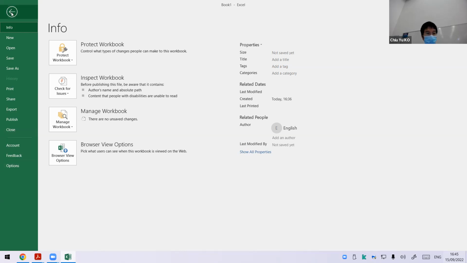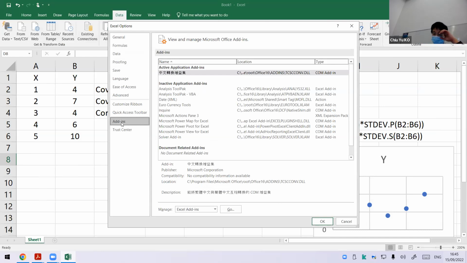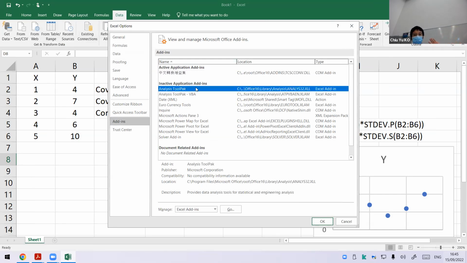So here, what we're going to do is go to File. If you have your computer, you go to Options here, and then Add-ins. I'm not sure it works because it relies on a C library. I don't know whether it works in your system. Here you can see there are many add-ins. In particular, we will be using one add-in, which is the first one, the Analysis ToolPak add-in. This is the most important thing we need to do.